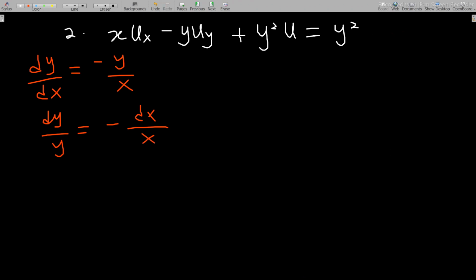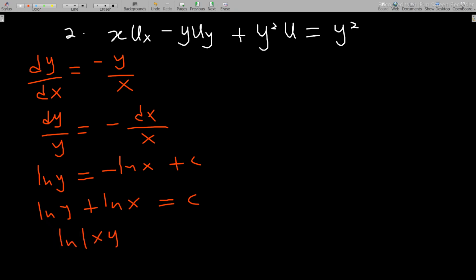Now with this, I'll have ln y equals minus ln x plus c. So I have ln y plus ln x equals c. So this would actually give me ln of xy in logarithm is equal to some constant c.